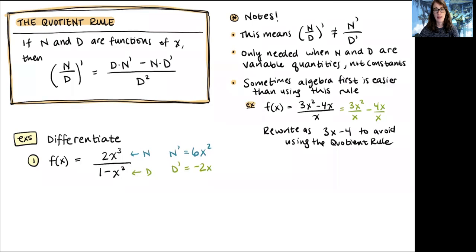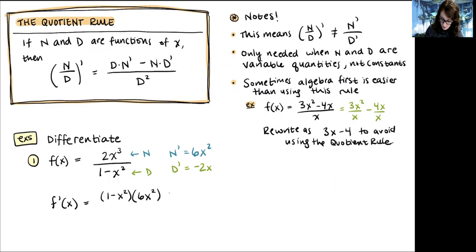Okay, so then we can put this together into the quotient rule formula. So we'll find the derivative of the entire function. So we have the bottom, the denominator, which is 1 minus x squared, times the derivative of the numerator, which was 6x squared.